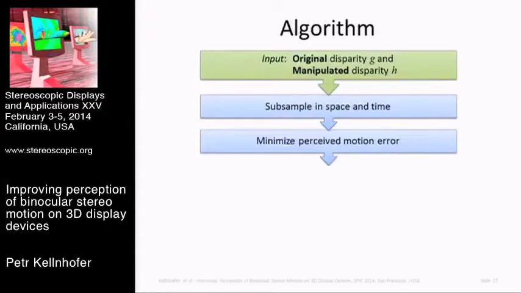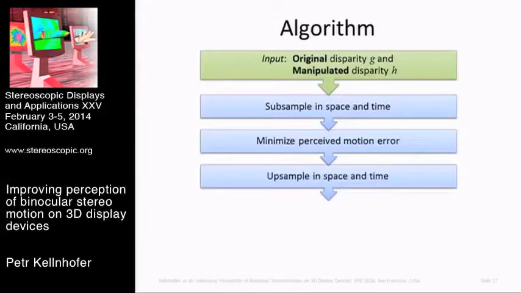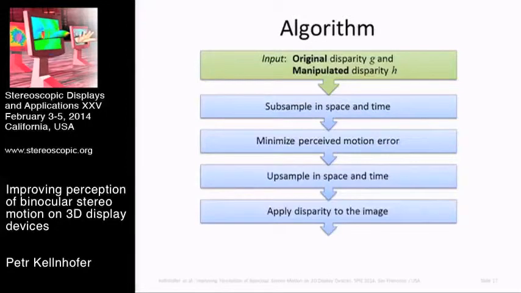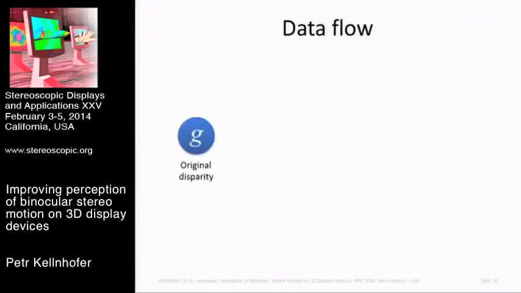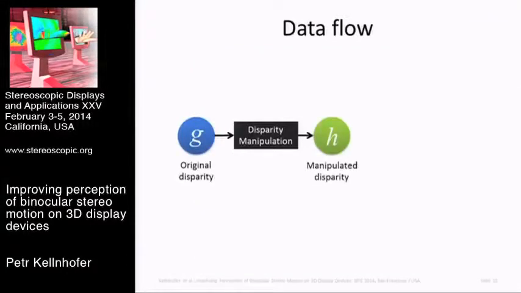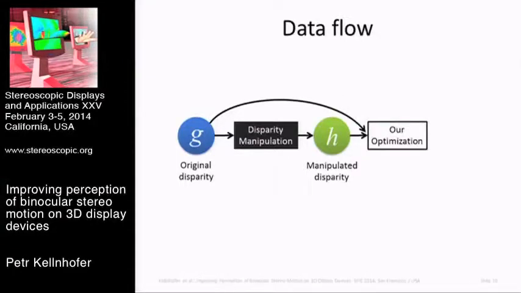Then we can minimize the distortion of motion, upsample back, and apply the new disparity that we obtained to an image that we present to the user. So again, we have the original disparity and some black box of manipulated disparity that both go into our optimization framework, and the output is a new disparity.